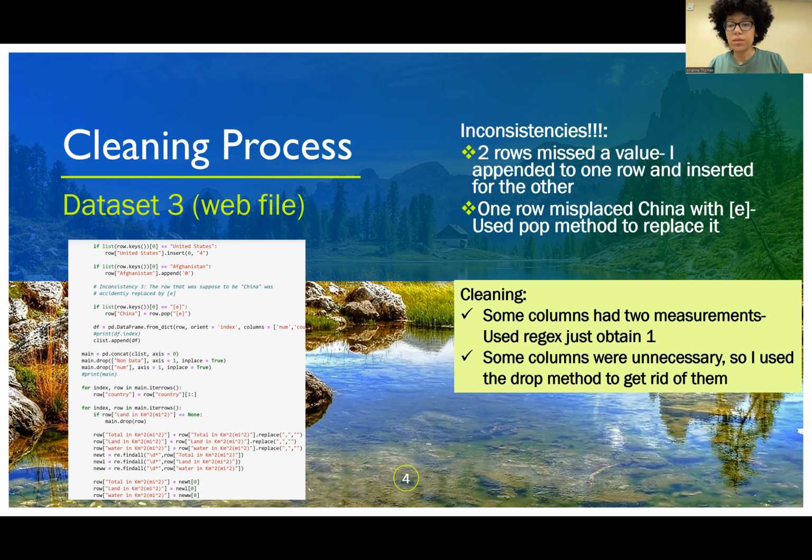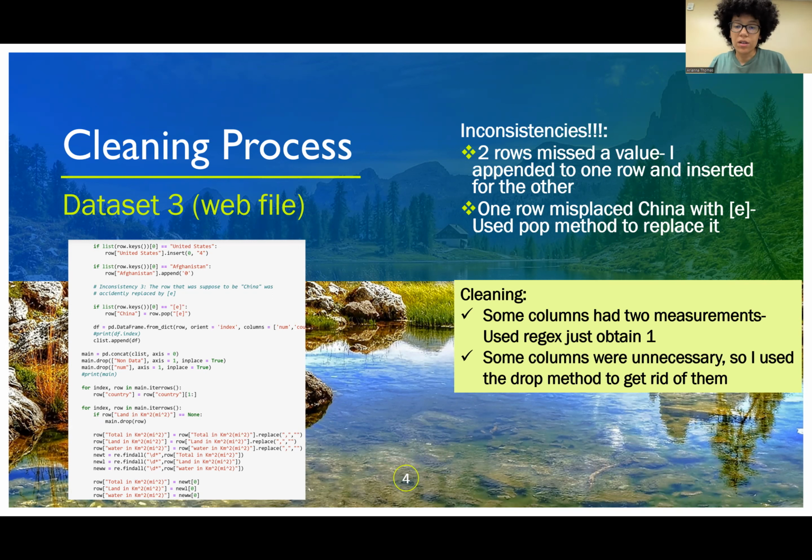But that didn't work because not all the rows were the same length. I found that there was a cell missing at the beginning of one row and one missing at the end. For the one missing at the end, I was able to easily append it. For the one at the beginning, appending wouldn't have worked, so I decided to use the insert method.